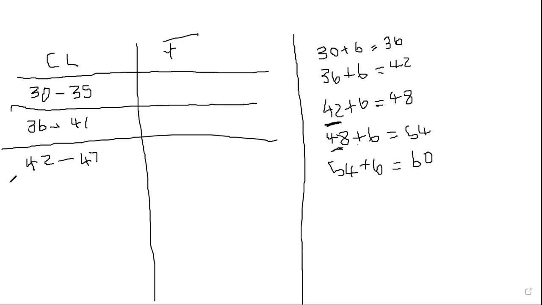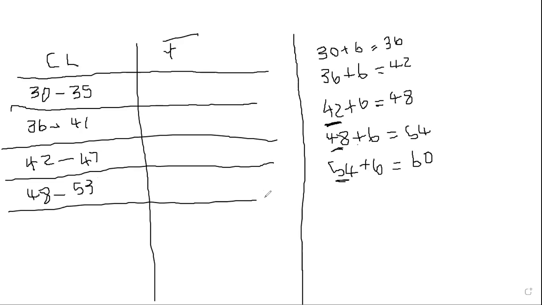This is the class boundary. Then here I start with 48 as my lower limit up until what? Then you check your next lower limit, which is 54, so I'm going to end with 53. Then here I'm going to start with 54 as my lower limit up until what?